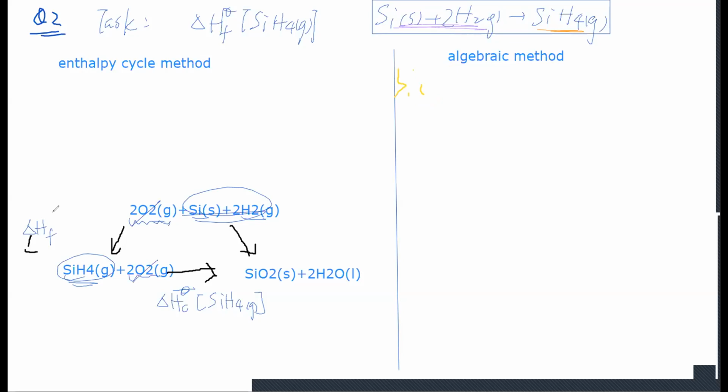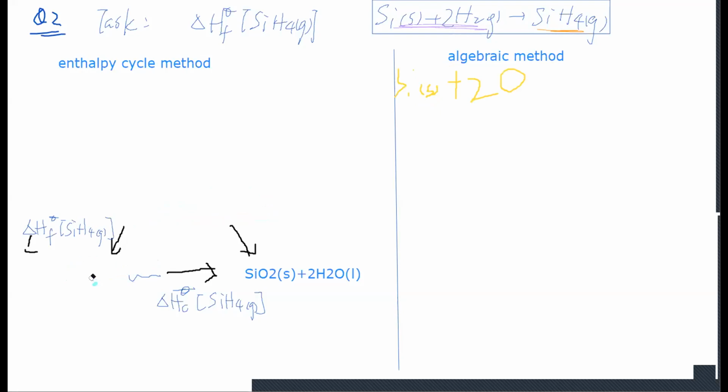Formation of what? SiH4 gas. Can you get the point? So indeed, of course, it's not crossed out. Sorry, I crossed out so many things. So it is Si solid plus 2H2 gas, plus something, to form SiH4 gas.